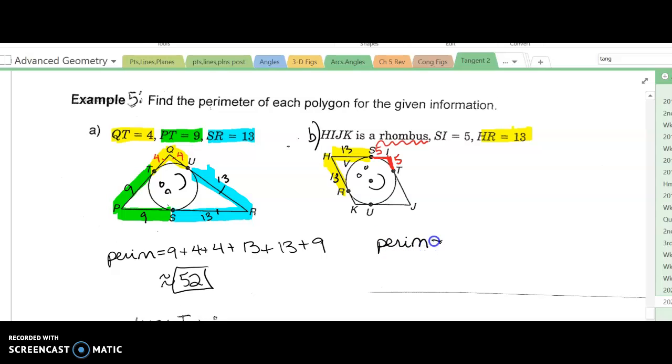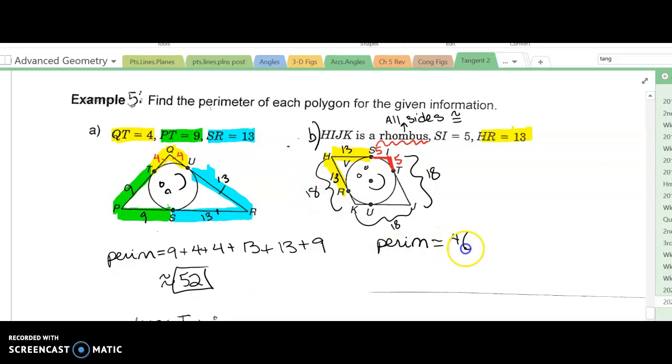What I'm hoping you're thinking about right now is the properties of a rhombus. Remember with me that a rhombus has all sides congruent. And so if all the sides of my rhombus are congruent and one side, this top side, is 18, aren't all the sides going to be 18?